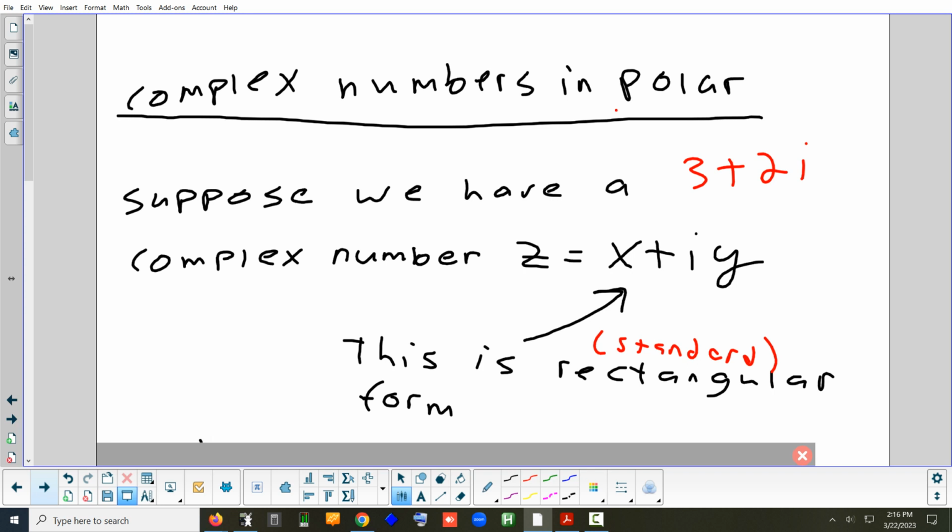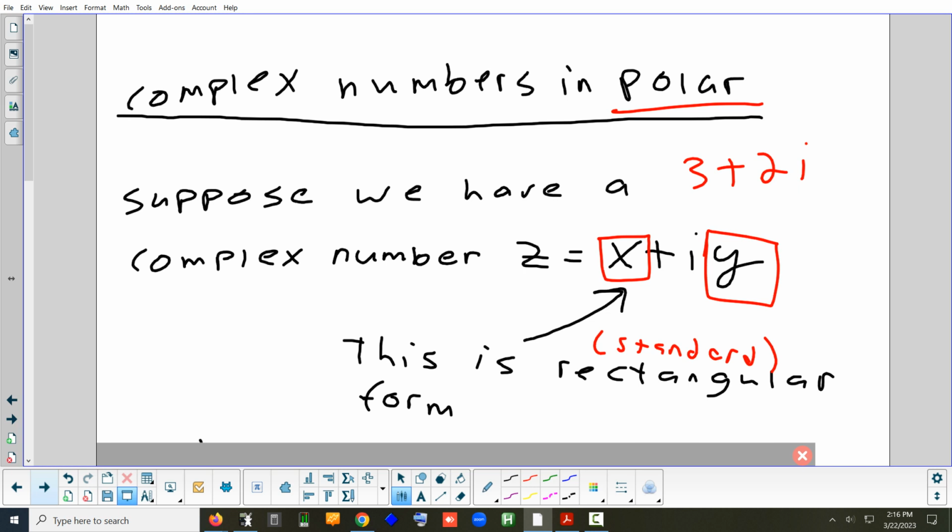When we write it in polar, like we learned about on Monday, you do not have an X and a Y in polar. What two letters do you have instead? R and theta. You have an R and a theta. So we have to get rid of that and that.